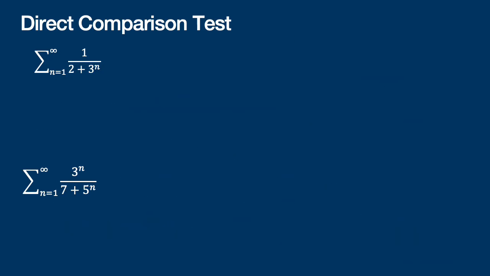Let's have another example here, guys. Direct comparison test. I put the test right there. So look at this one. You have a_n as 1 over 2 plus 3^n, but it looks familiar if we remove the 2, right? So I'm going to say b_n is 1 over 3^n.